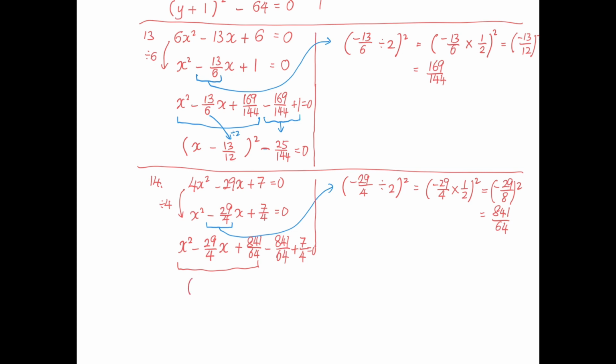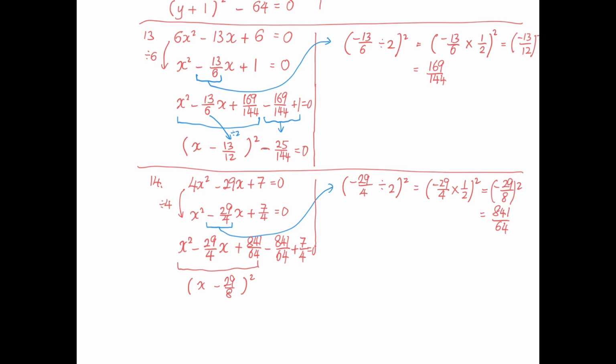For the x squared term, you change it to x, and the second term you divide by 2, which we have done just now, and you get minus 29 over 8. Then you put a square there, and that is how we change it to a bracket with square.